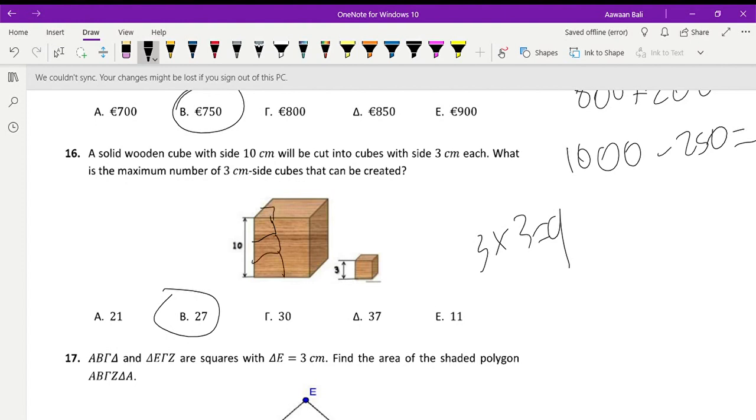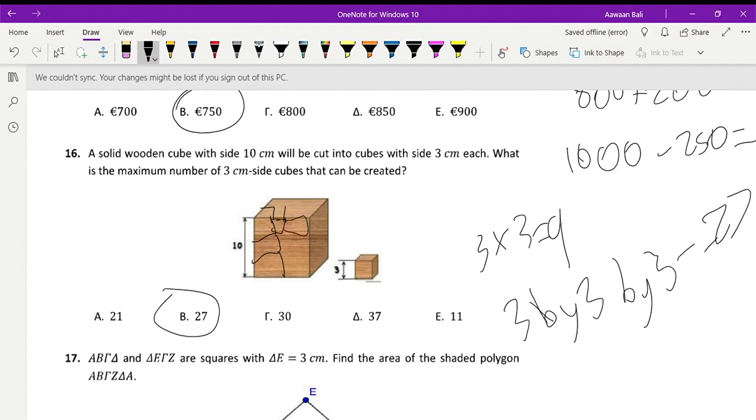And then basically, since cubes have the same dimensions for everything, it's 3 by 3 by 3, which is 27. We can get 27 cubes because you can fit another 3 cubes on this edge, and another 3 cubes on this edge, and it goes on like that.